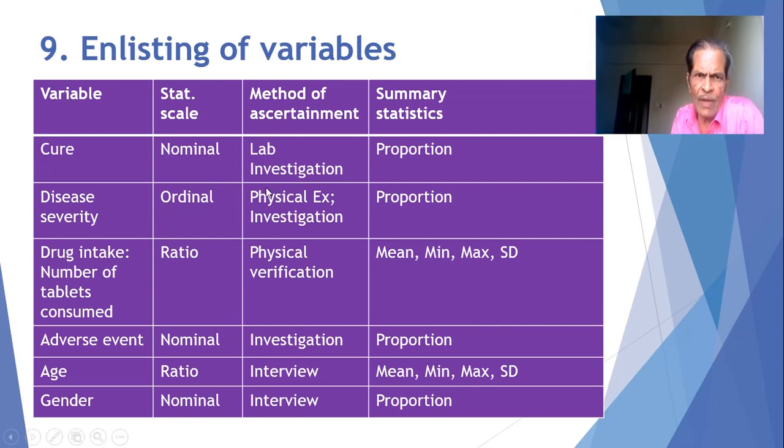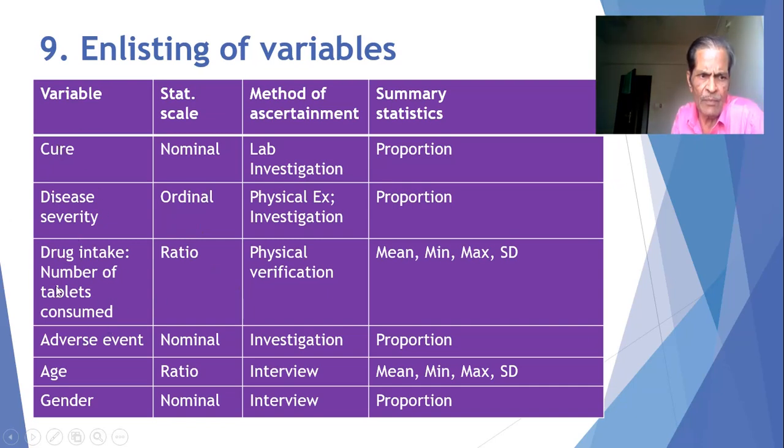It is ascertained by physical examination or certain investigations, and the summary statistics are in the form of proportions. That is, what was the proportion of mild disease severity, what was the proportion of moderate, and what is the proportion of severe disease in the cases and the controls. For both groups, this information is to be obtained, for the study group as well as the control group. All the variables are recorded for both the study and the control groups.